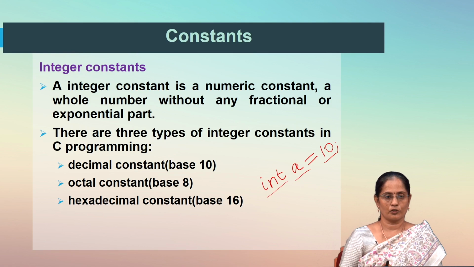There are 3 types of integer constants in this case. Decimal constants: if we are using the decimal number system, whose base is 10, then we can say that it is a decimal constant.